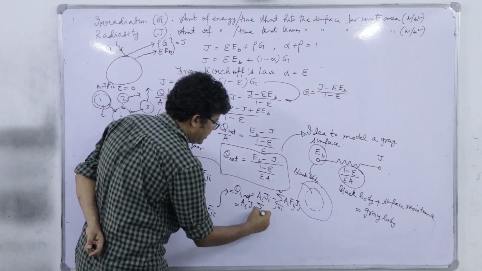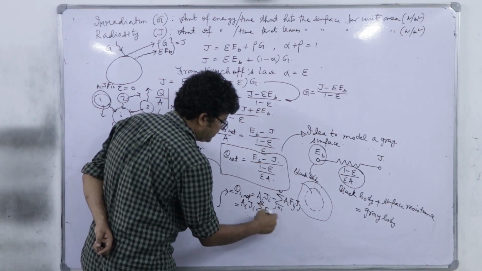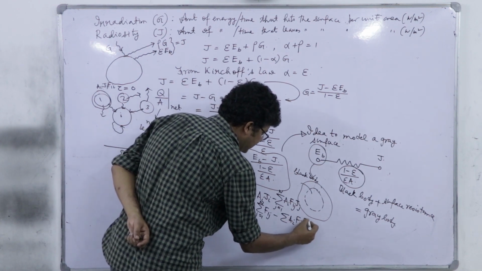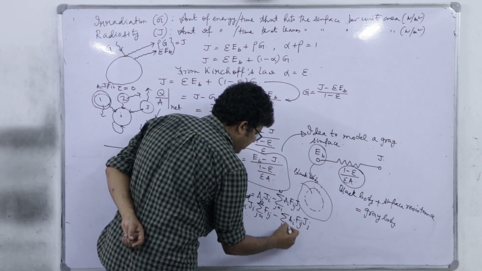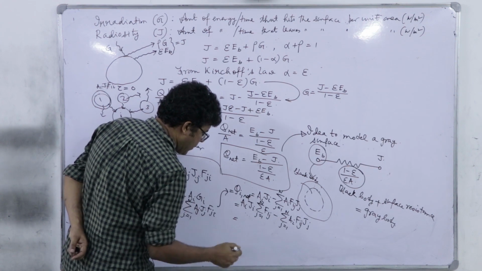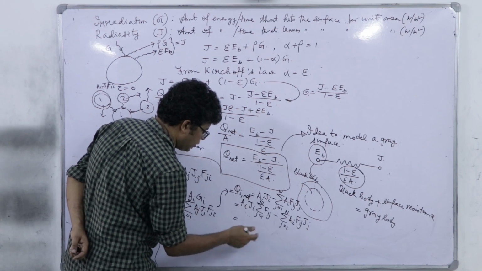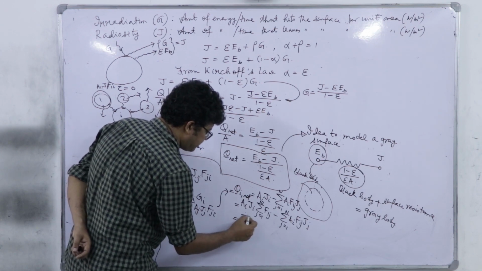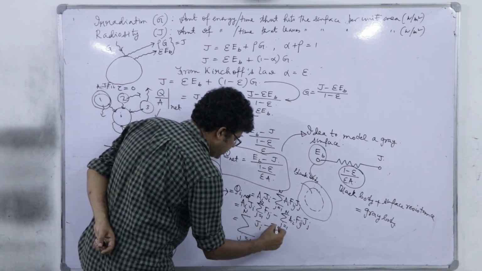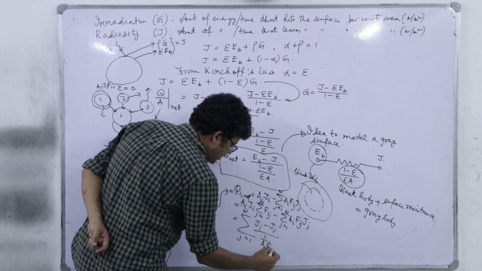Ai Ji into the summation of Fij, j equal to 1 to n, because this is equal to 1, minus Ai Fij Jj, j equal to 1 to n. So altogether we can write that this is a summation over j equal to 1 to n, of Ji minus Jj divided by 1 by Ai Fij.